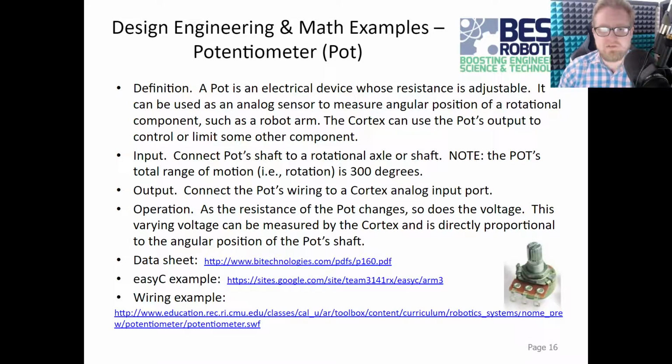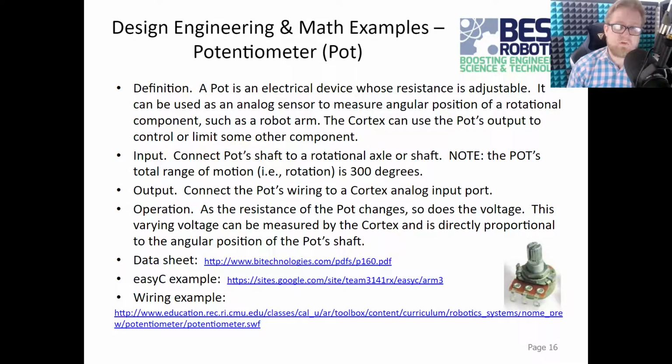A couple of other components that you have in the kit that we're going to go over that are more complex, so they deserve an explanation, is you have a potentiometer, sometimes referred to as a pot for short. So a potentiometer basically allows you to measure rotation via a number of ticks on it. So this can be really helpful for your software and your programming because you can know the position of some kind of rotational piece.